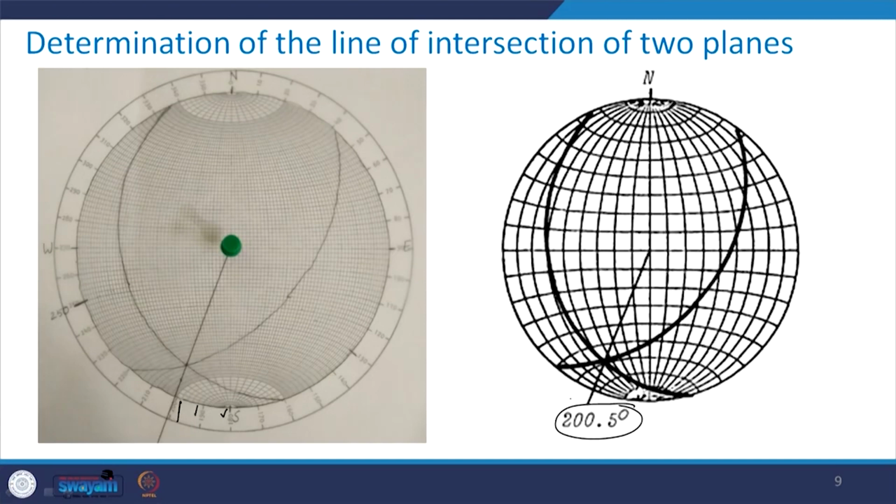So, after getting this, whatever is the line of intersection of these two planes, which is represented as this particular point, that line will have its plunge and trend, and this is how you can determine it. So, this has 20.5 and 200.5 degrees as the parameters with respect to the line of intersection of two planes. So, this is how it is done.